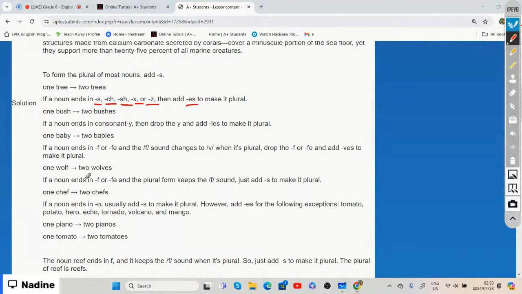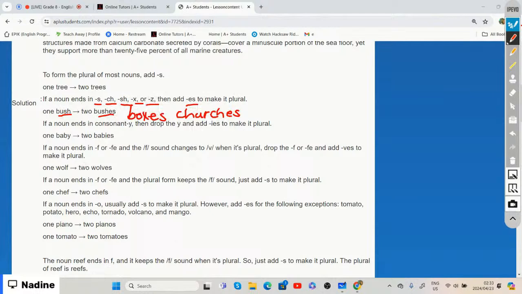For example, one bush, two bushes, one box, two boxes, one church, two churches. That is just an example of us showing the plural form of those words.